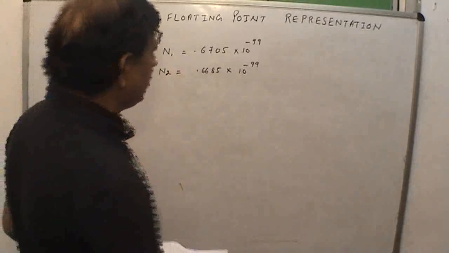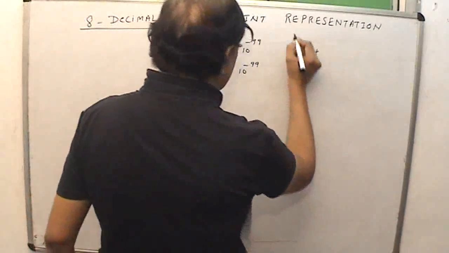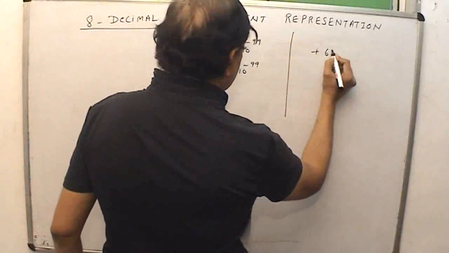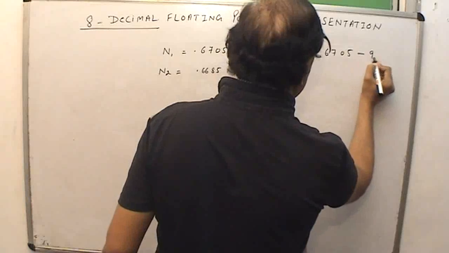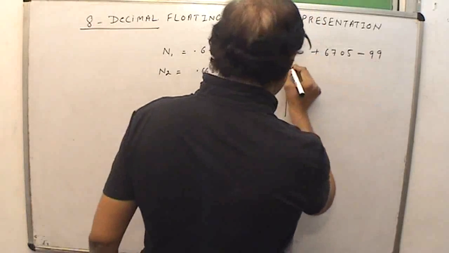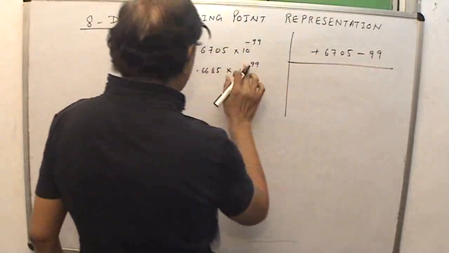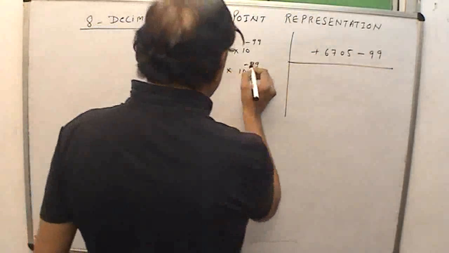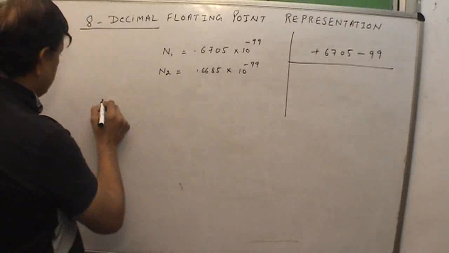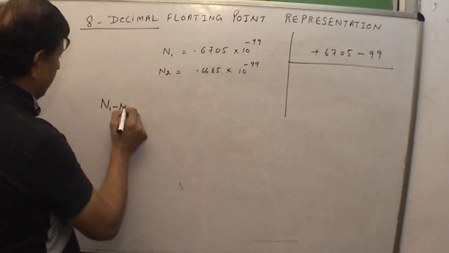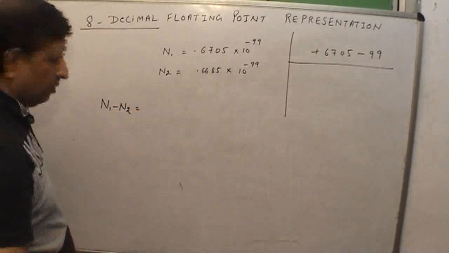We can write them in this way: plus 6705 minus 99, and the second figure in the same manner. What will happen if we subtract both the figures, n1 minus n2?